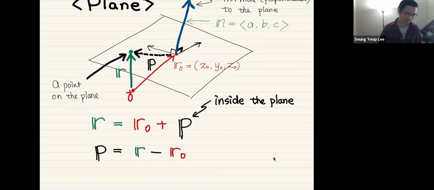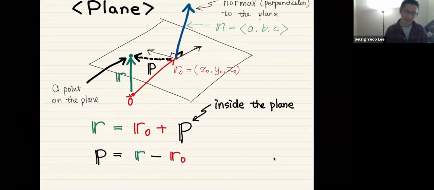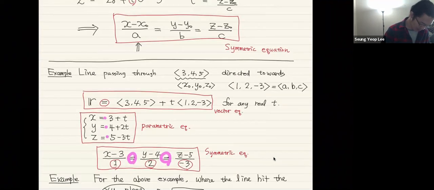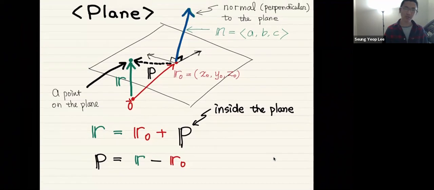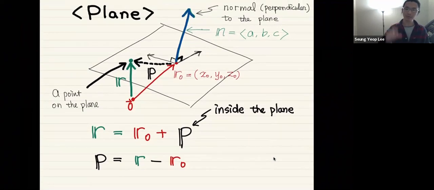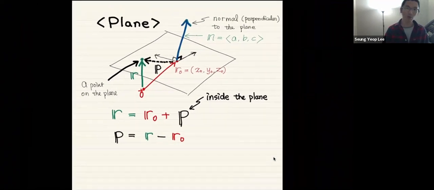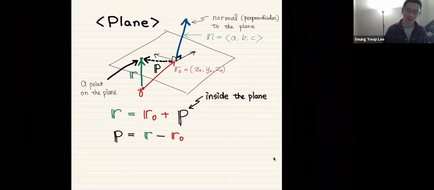And then this P, you can see from the picture that P is part of the plane, therefore it's orthogonal or normal to the normal vector, the blue vector.